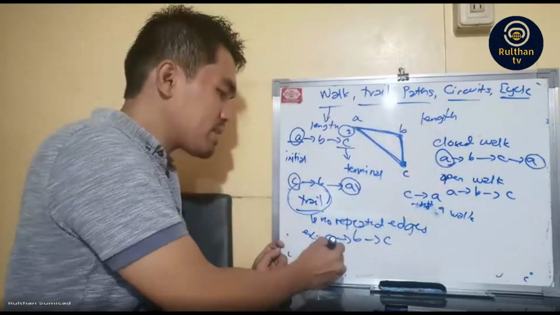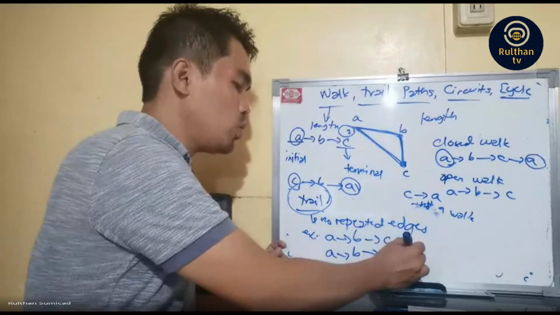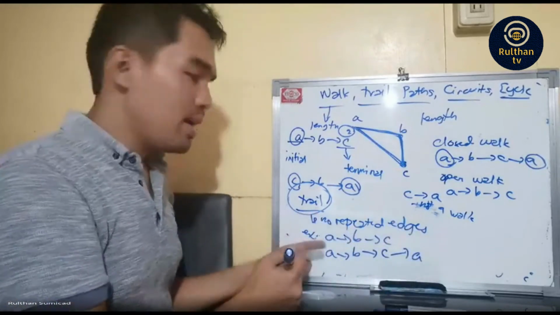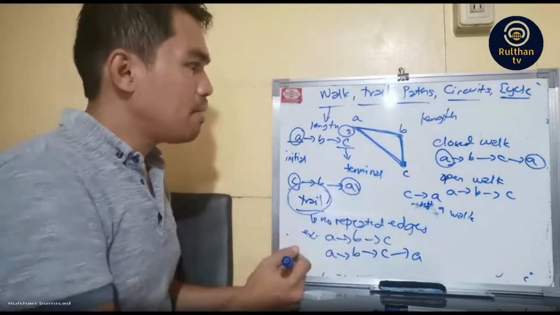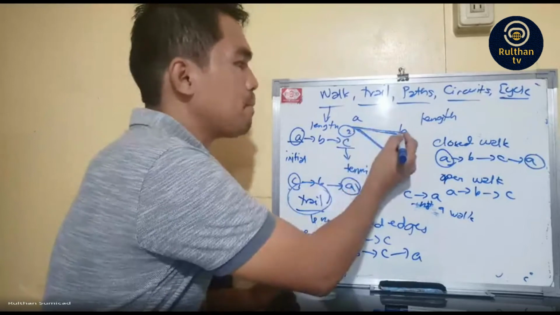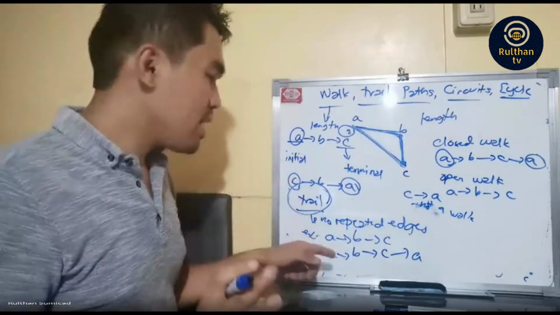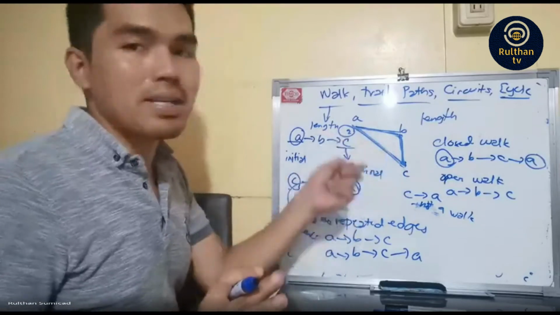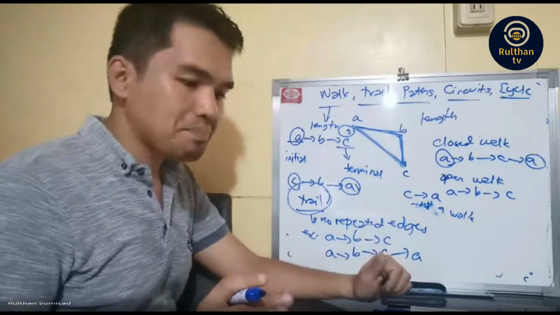Another example is A, B, C to A, because my walk is A to B, B to C, C to A. It's a trail because I did not pass by the same route. So that is a trail.